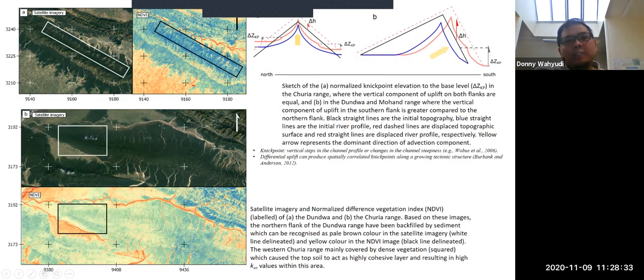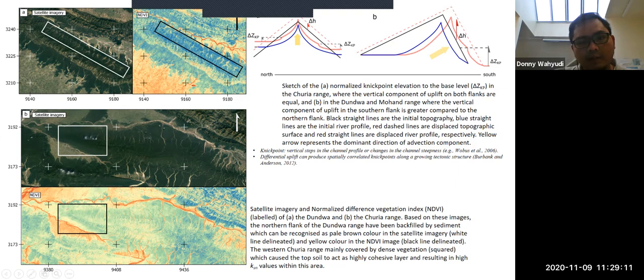So to explain why the KSN has a higher magnitude in the south flank of the Dundwa range, we tried to explore the satellite imagery and the NDVI images, and we found that most of the channels in the north flank of the Dundwa range have been backfilled with sediment, which is delineated with the white square here, or the black square over here.